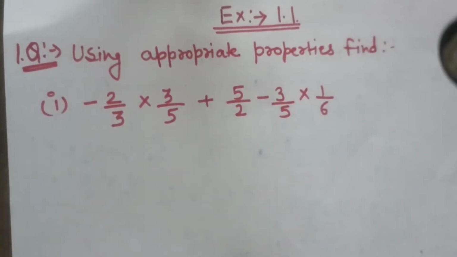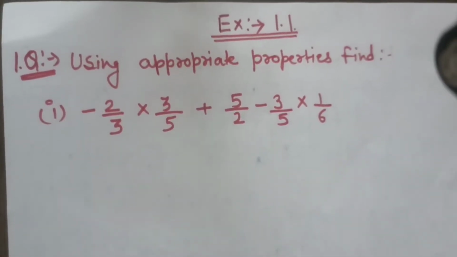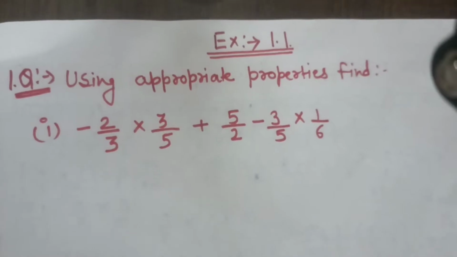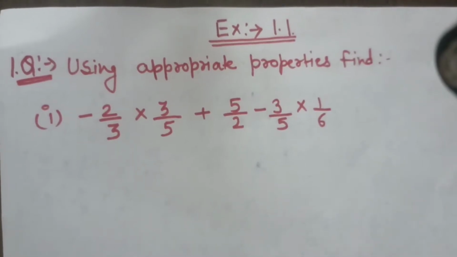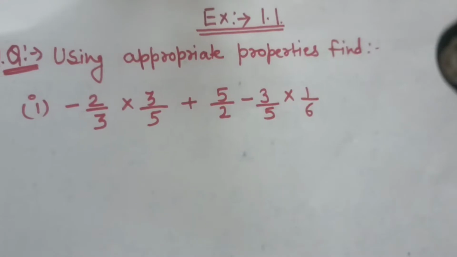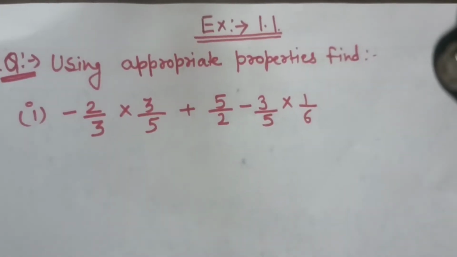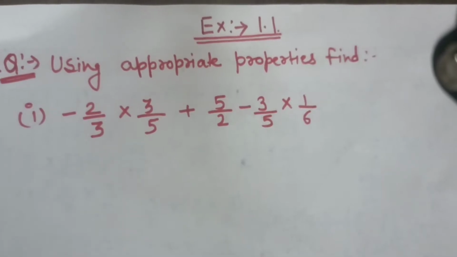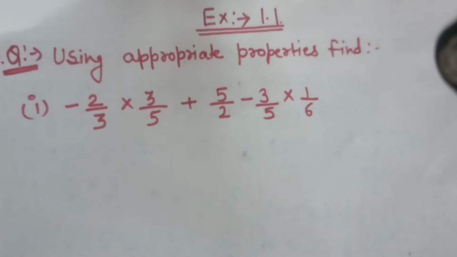Now we will solve exercise 1.1, and previously we have understood the properties of rational numbers. What are rational numbers? If you don't understand the properties, I suggest that before solving the exercise, please go and watch my previous videos in which I have explained the properties very well.